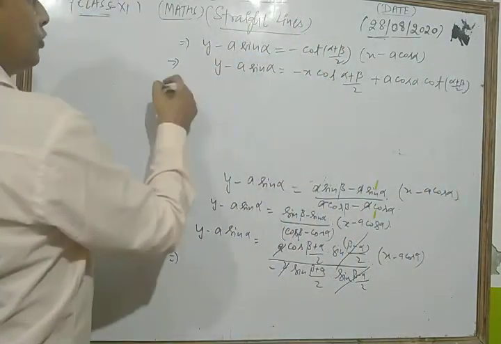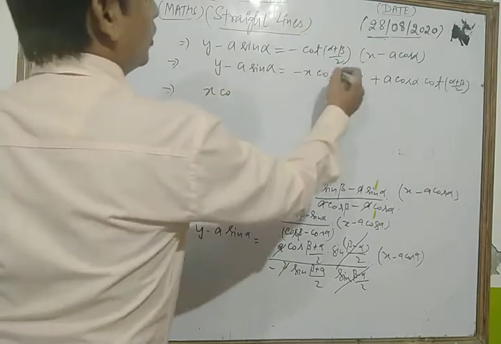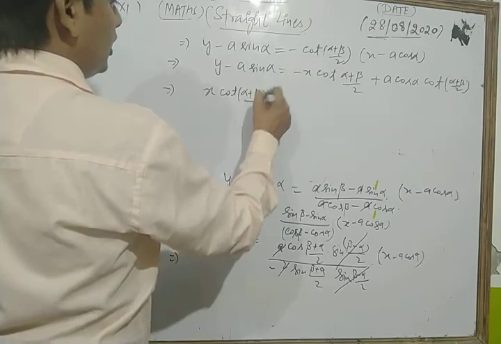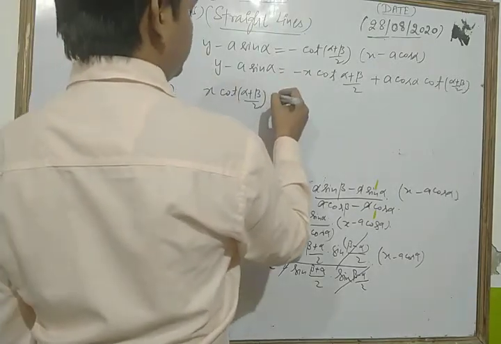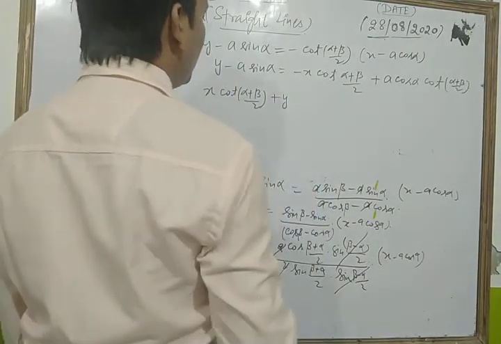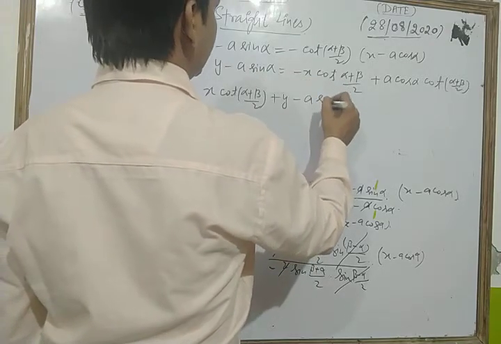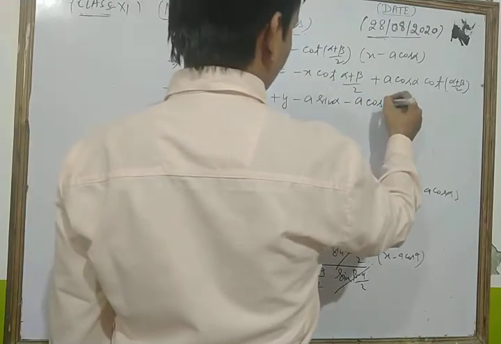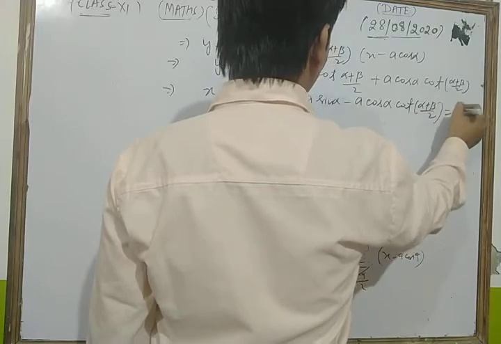Now we transfer that to the other side, so we get x cot of alpha plus beta upon 2 plus y minus a sin alpha minus a cos alpha into cot of alpha plus beta upon 2 is equal to 0.